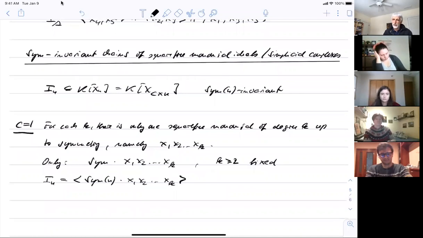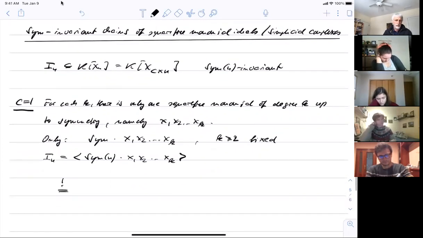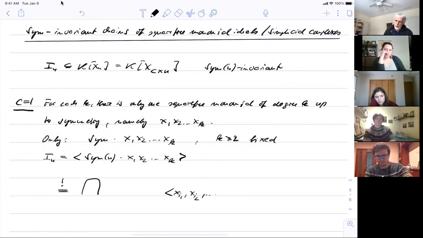So that corresponds to a simplicial complex. And let me describe it algebraically, and I encourage you to work this out as an exercise. That's the intersection over all ideals (x_{i1}, x_{i2}, ..., x_{i_{n-k+1}}).